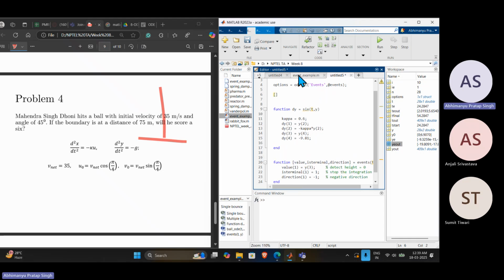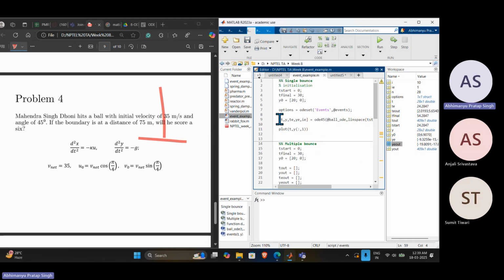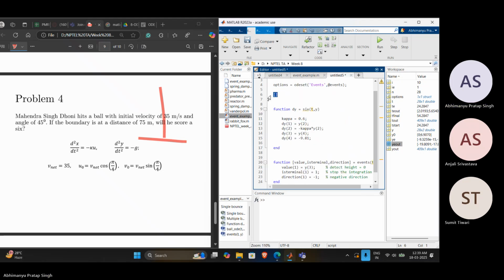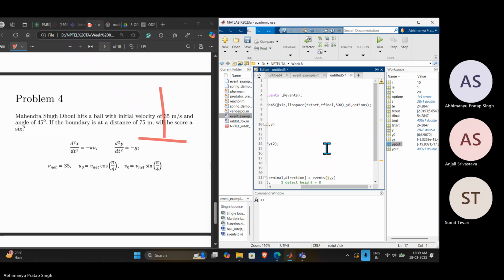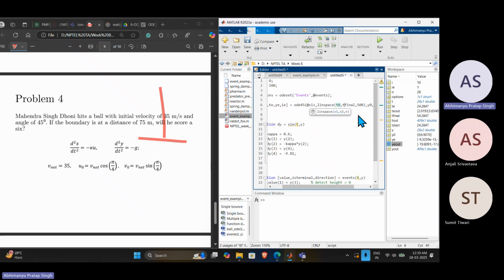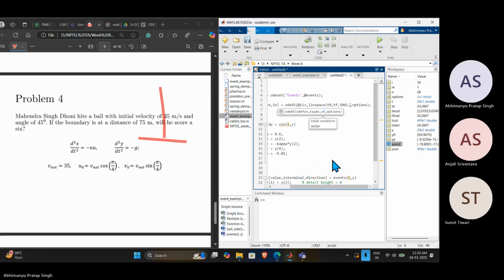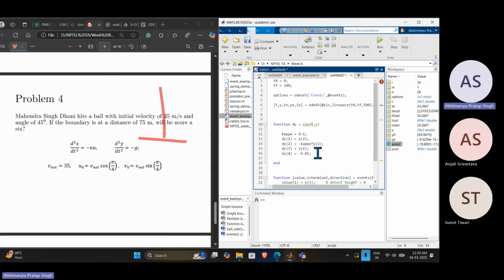And then I will copy this part and change this to 6. This is my T0 and this is my TF. Now the initial conditions. Also, I need to make this a column vector, otherwise it will give me an error again.